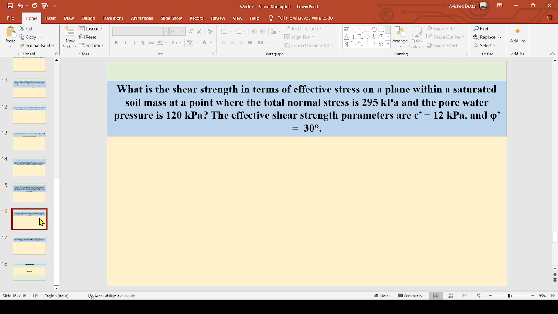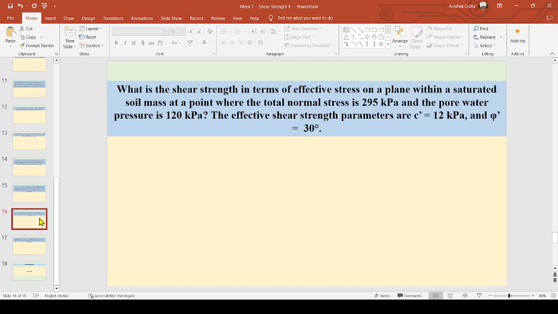So normal stress is given, pore water pressure is given. We have a formula of shear strength with respect to the normal stress that also has the c and phi parameters. We can use that and find out the shear strength. It's a simple question.